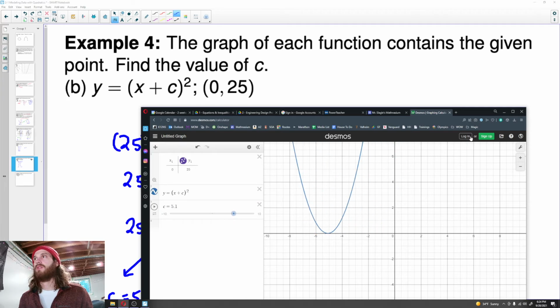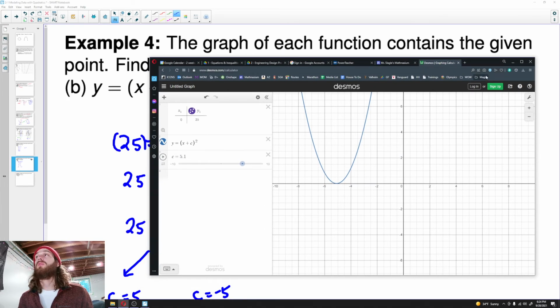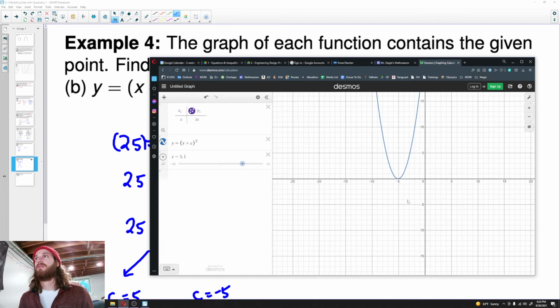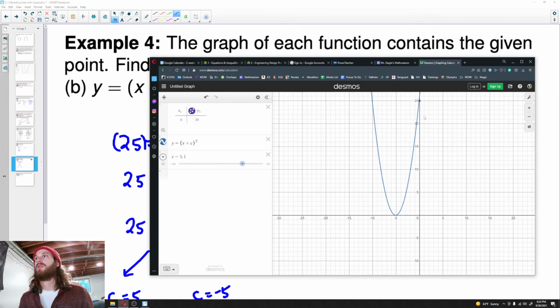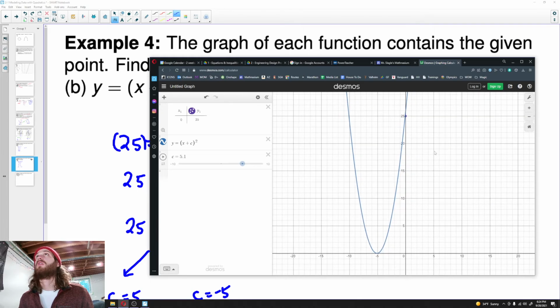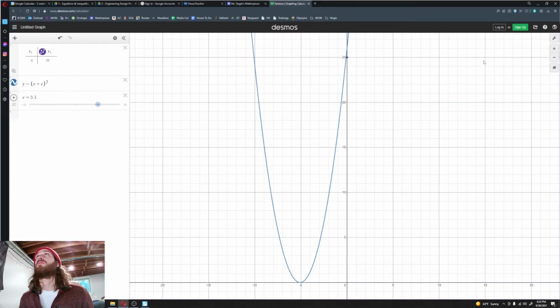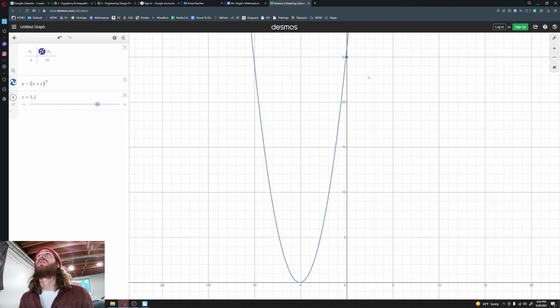We're sliding this around, which is cool. We want it to travel through the point 0, 25. That's this point right up here. It's kind of hard to see. I'm used to using CAD and dragging with my little mouse click. There we go. So here's this point 0, 25.